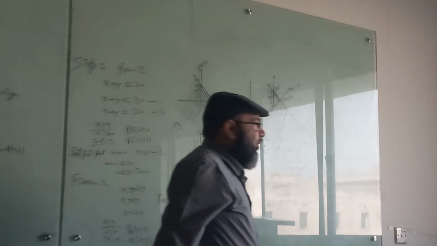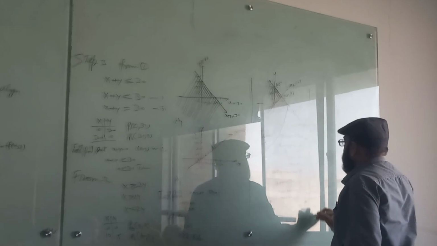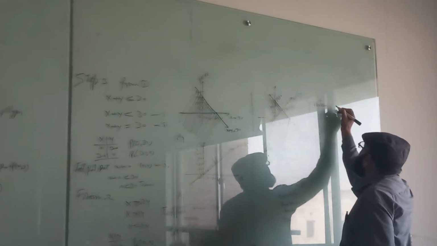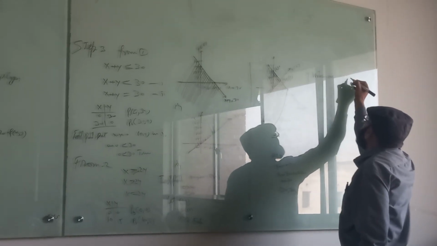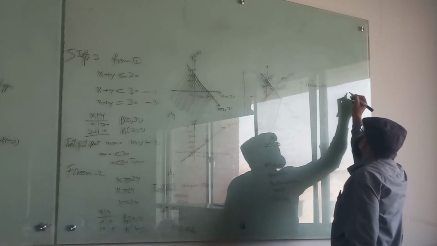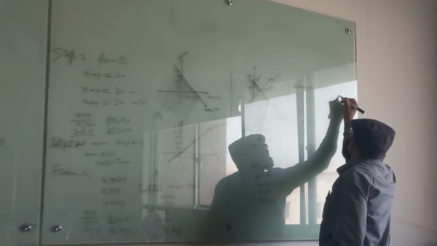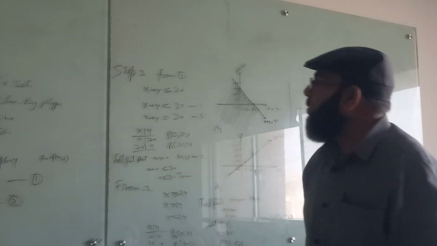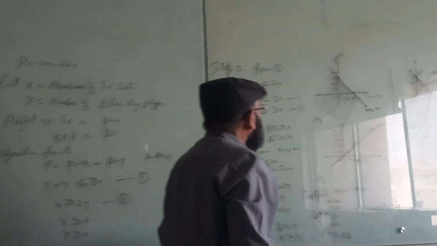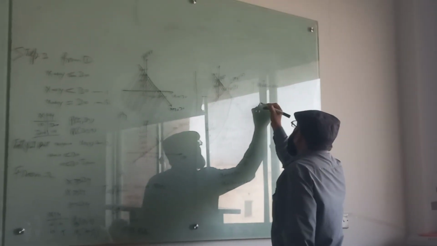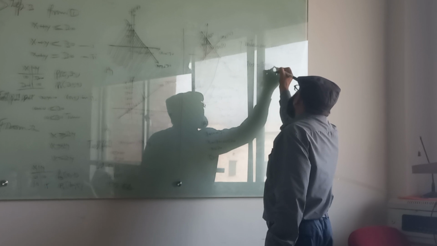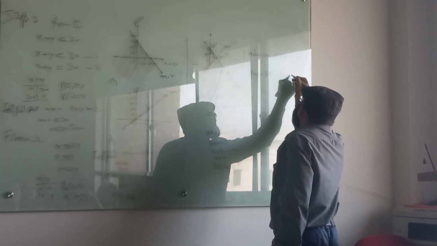Now, the objective function. We have these three vertices. Vertices are 0, 0; 0, 30; and 20, 10. Where is the objective function? It will be, the result will be: for 0, 0: $40 times 0 plus $60 times 0 is equal to 0.